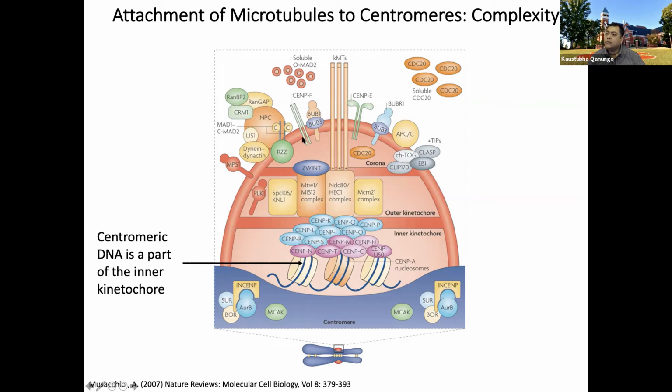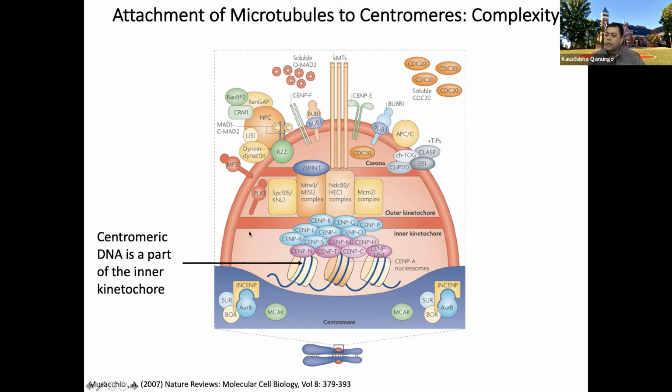There is a region right outside the outer kinetochore, which is known as a corona. Once that is traversed, you can see that the microtubules are attached to the outer kinetochore right here. And then you have the inner kinetochore.